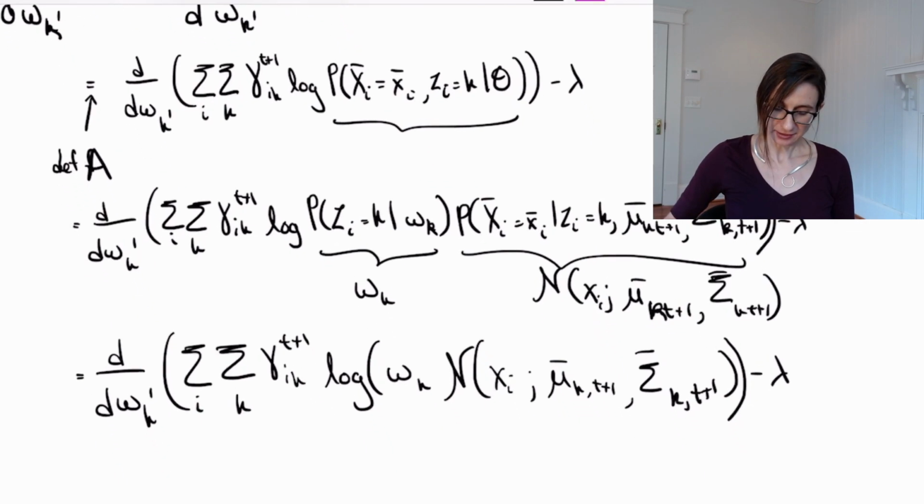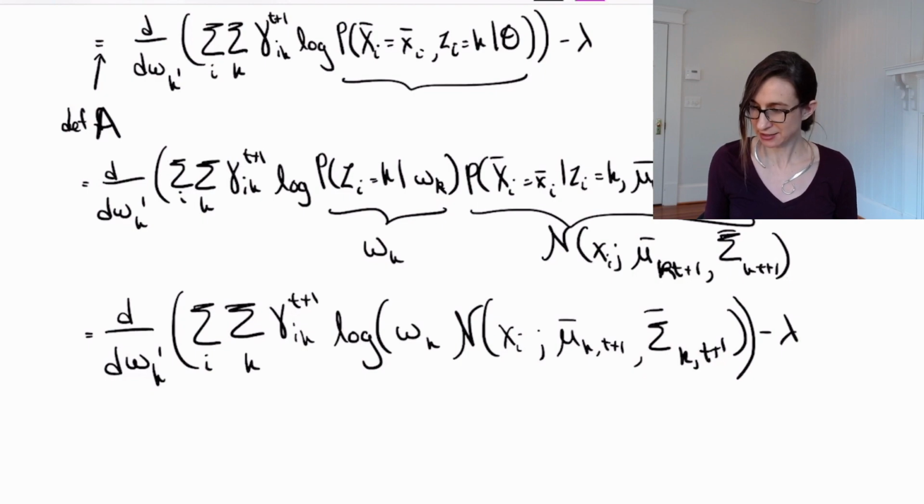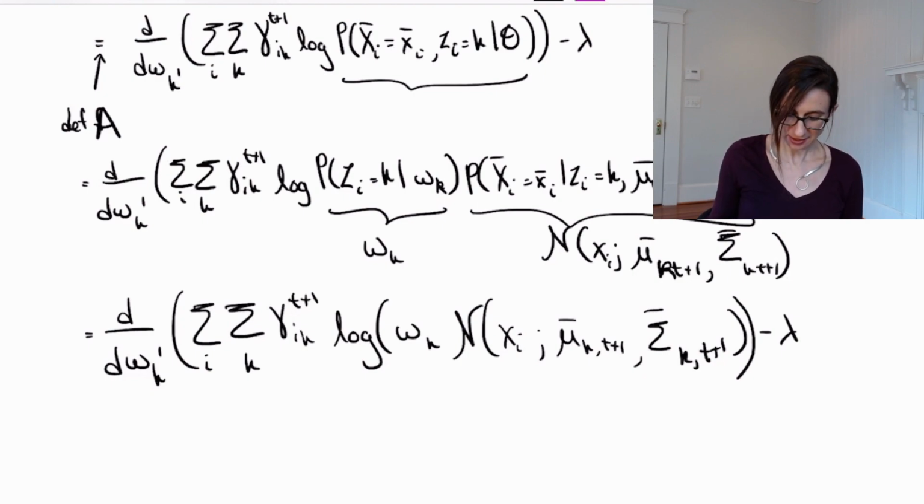Now life gets a lot easier because we're only taking the derivative with respect to WK prime. All of the other terms that depend on all the other Ks don't depend on K prime. So the sum over K gets wiped out and the only term we have to keep is the one for K prime. That makes things a lot easier.